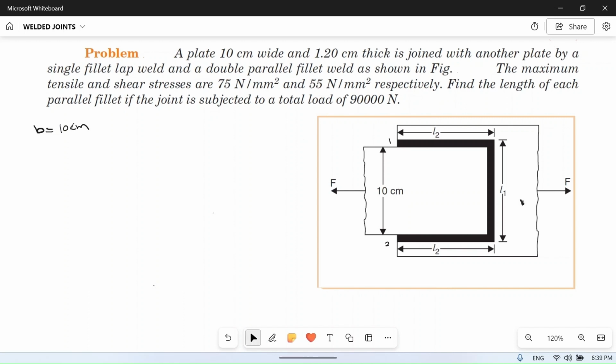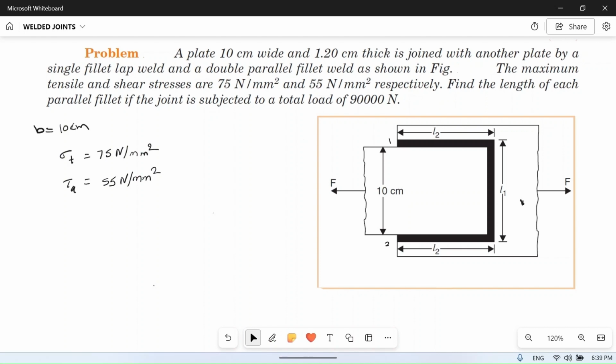In the figure the maximum tensile and shear stresses are 75, so sigma T is equal to 75 Newton per mm square, and the maximum allowable shear stress tau is 55 Newton per mm square respectively.